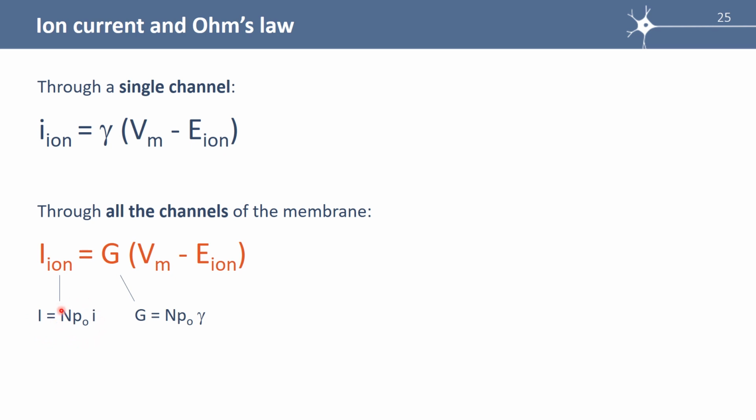N is the number of channels expressed in the membrane, and Po is their probability of opening. So NPo is the number of open channels at the time of current measurement. So we understand here that the unitary current is multiplied by the number of open channels, and it gives the total current. And it's the same for the conductance.